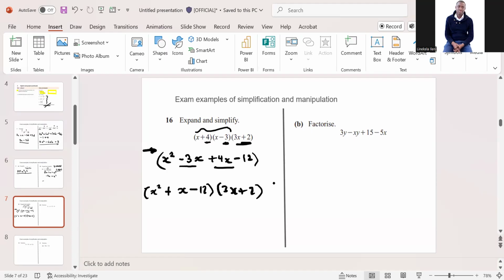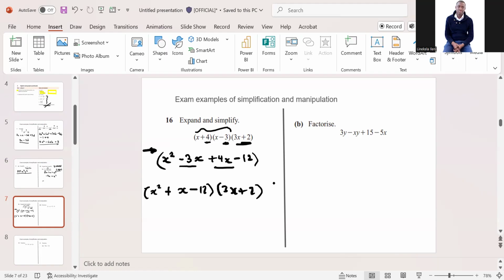Then again, I go the same way, so I'm going to have to multiply. I like multiplying like this and not like that. So I'll then multiply everything inside this bracket with everything in the other bracket. Or I could have just done it the other way, still the same thing.